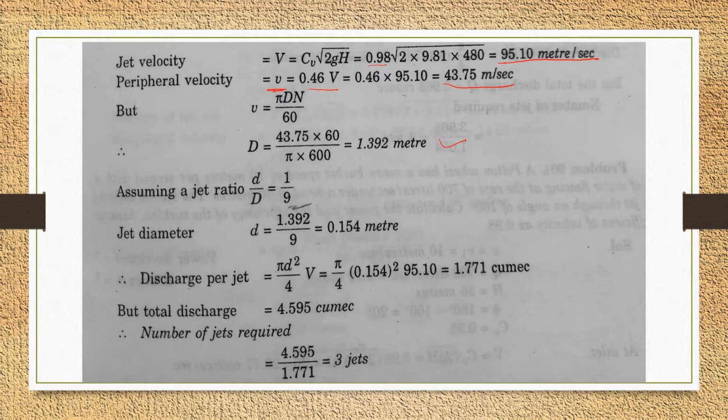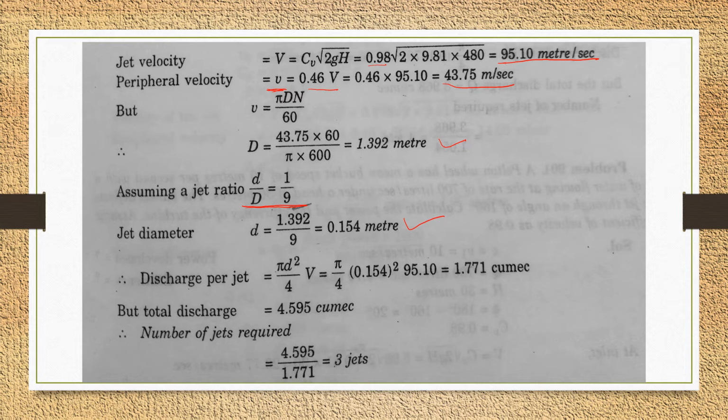So pi DN by 60 gives the diameter of the wheel, 1.392 meters. We use the jet ratio d by D as 1 by 9. We assume d by D as 1 by 9 and get the jet diameter as 0.154 meters.